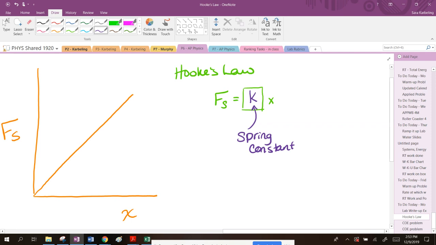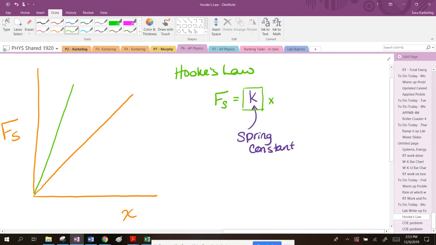So X would never really be that big, but it still has to give a lot of force. Sure. Yeah, so it's going to be a really steep line. So the stiffer the spring, the higher the spring constant. A slinky has a really, really low spring constant, right? Because it just goes, wah. Yeah. Okay.